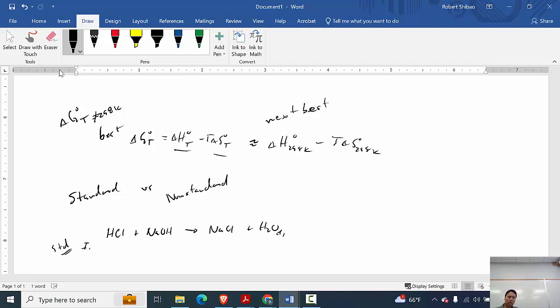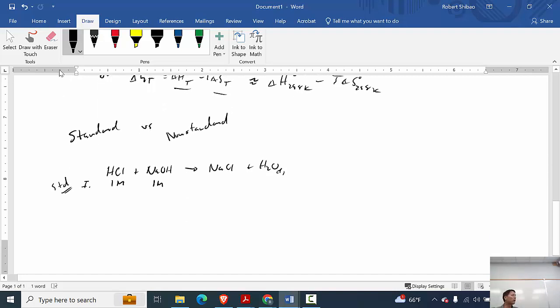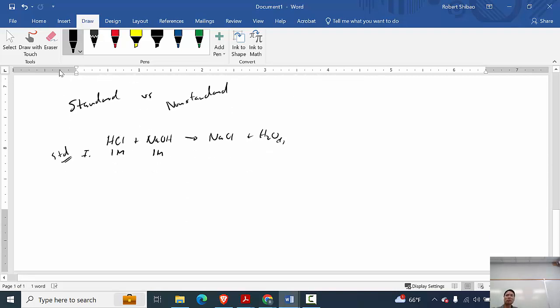So this is a solution. What's the concentration have to be? 1 molar. Now the HCl is under standard conditions. And the NaOH has to be at 1 molar. And what about the sodium chloride? Should I make the sodium chloride 0 molar? Is that okay? Is 0 molar okay for standard conditions? No, the sodium chloride has to be 1 molar.